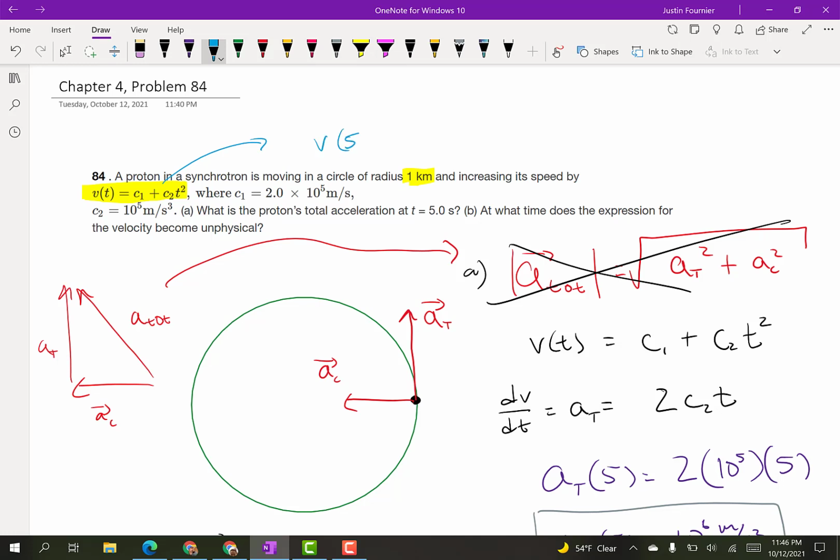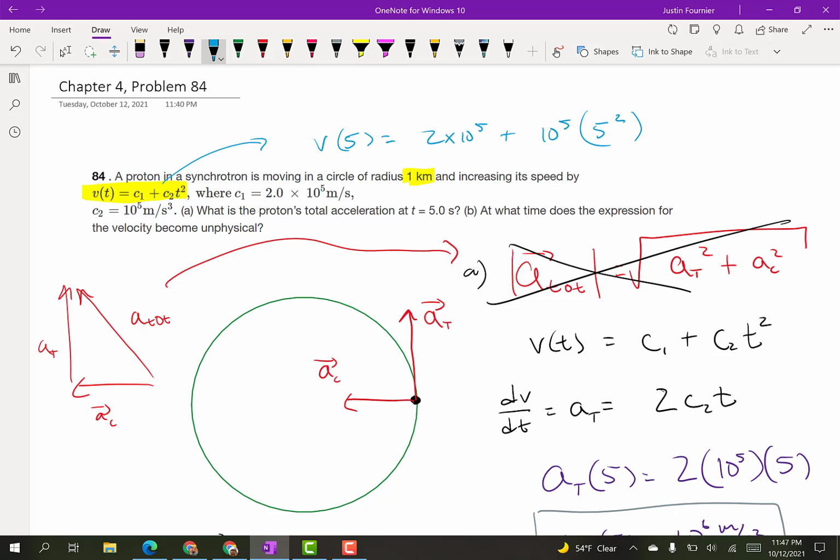So my velocity at 5 seconds, that's going to be C1, which is 2 times 10 to the 5, plus C2, which is just 10 to the 5, multiplied by t squared, which is 5 squared. So I'm going to do all this on my calculator on my phone here.